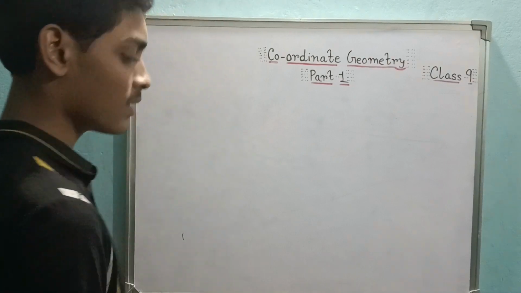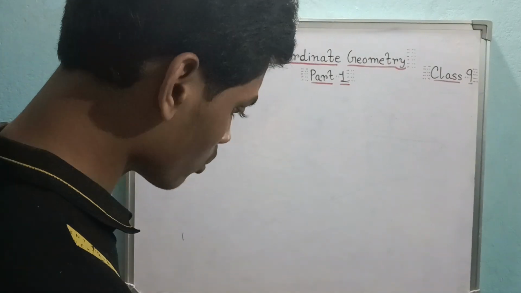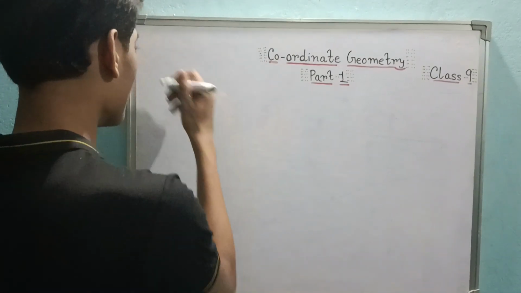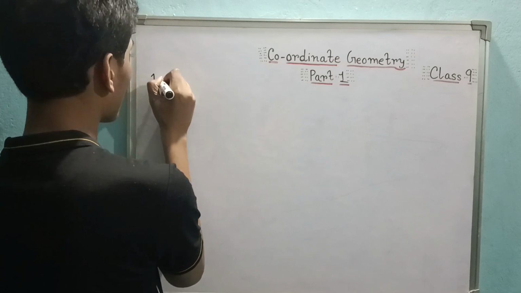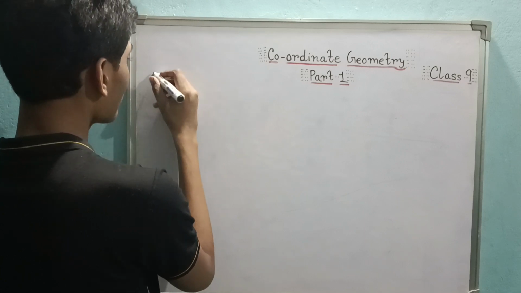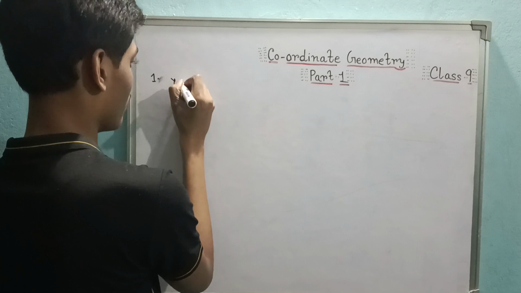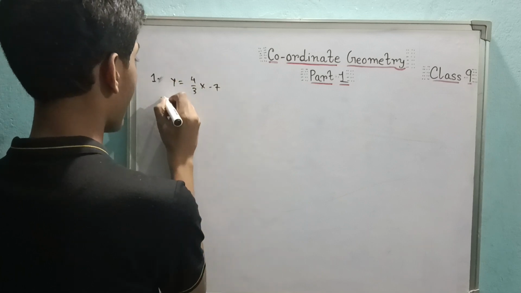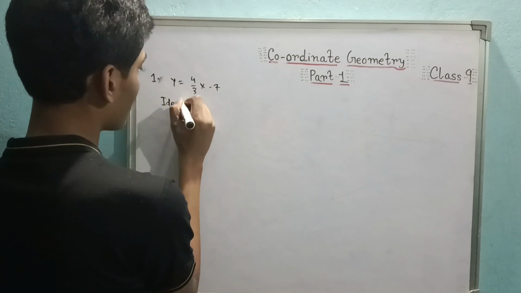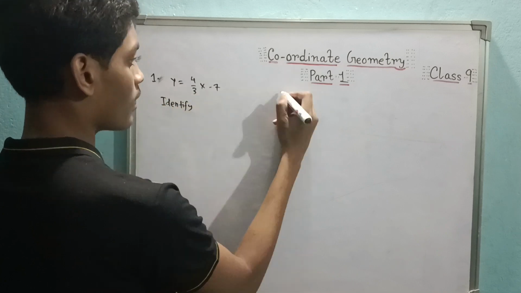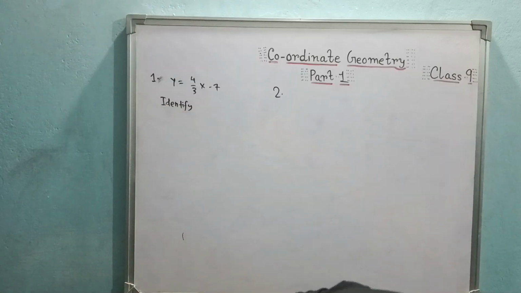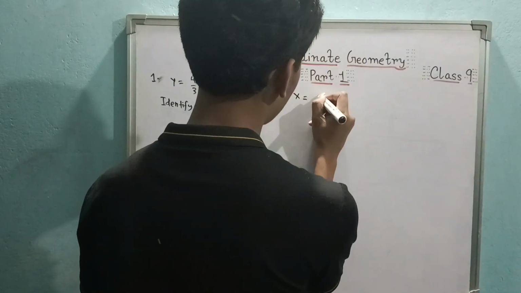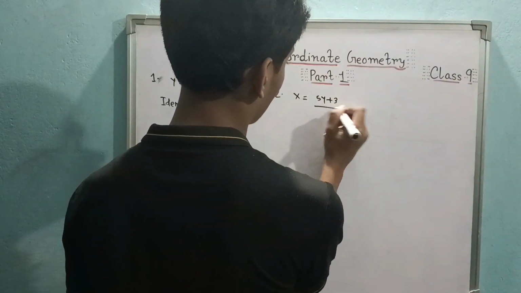Okay, now we will learn another thing. This is not that much related to coordinate geometry. It's a simple concept. I have a question. I have an equation: y equal to 4 by 3x minus 7. Identify. Another one is also there: x equal to 5y plus 3 by 2.